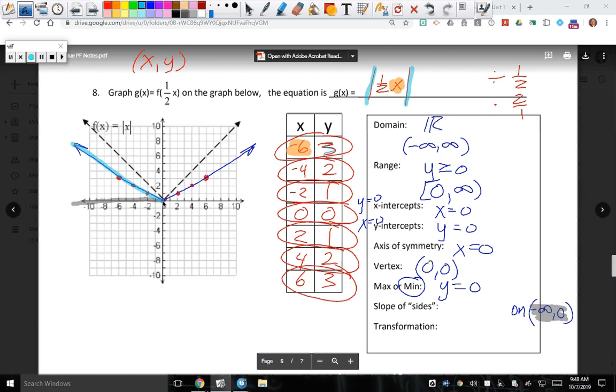Just the gray line? Close. Just the blue line that I graphed right here. What's the slope of that? Negative 1/2. Down 1 over 2. Y'all with me? So it's going to be m equals negative 1/2 on negative infinity to 0.